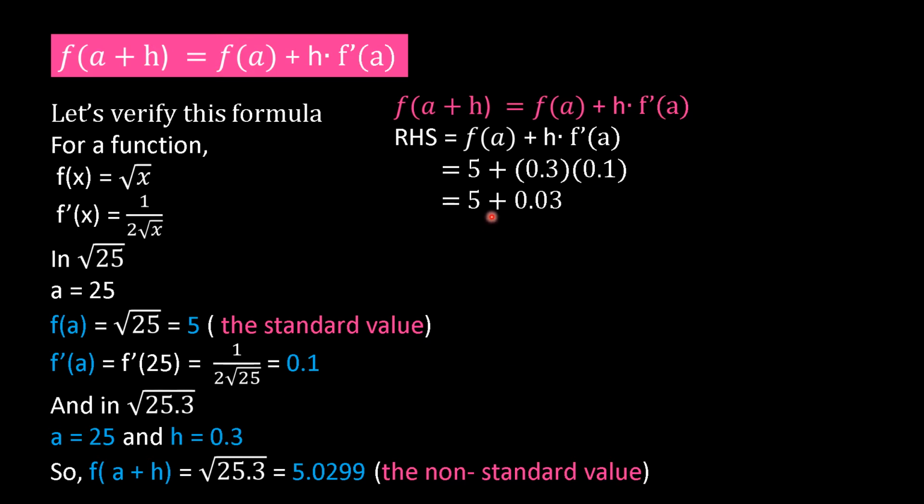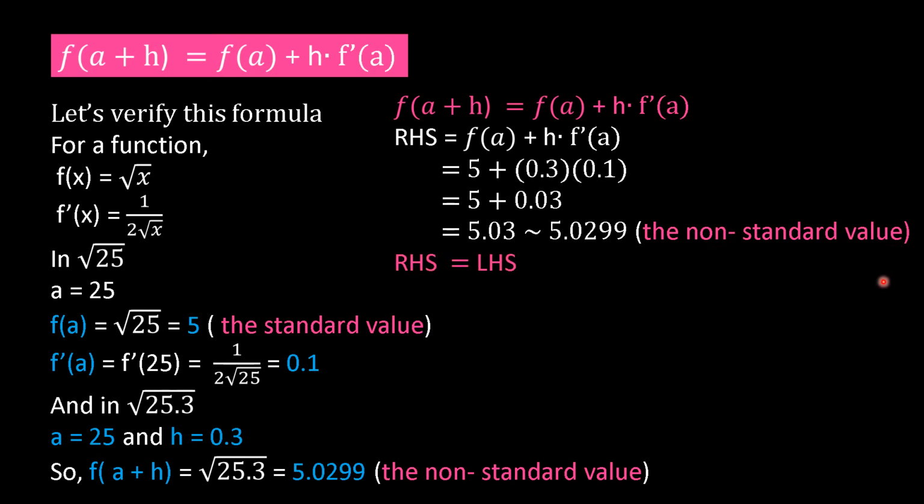So it is 5 plus 0.03, which is the product of 0.3 multiplied by 0.1. So this gives us RHS as 5.03, which is approximately equal to 5.0299, which we have calculated by a calculator, and this is our non-standard value. So RHS becomes LHS, and hence the formula is verified.